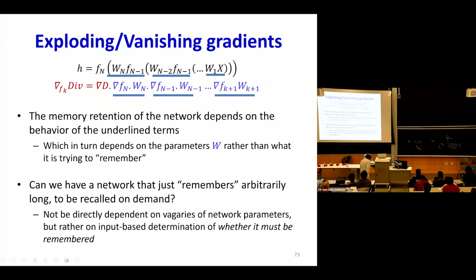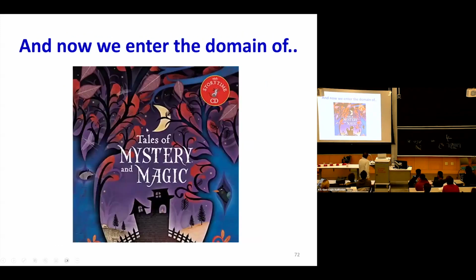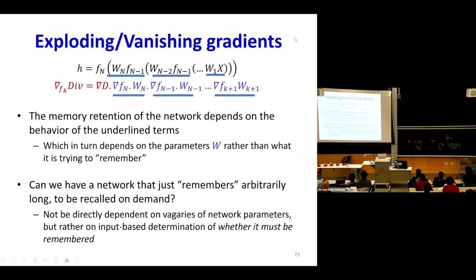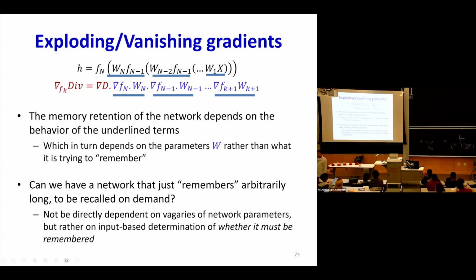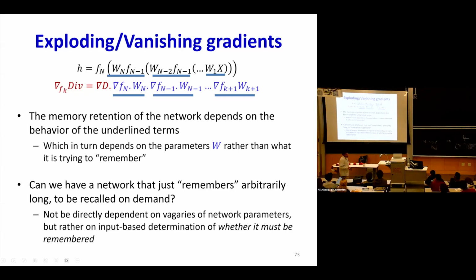So we sort of switch to mystery and magic to solve this problem. And the mystery and magic is called the long short-term memory network. So here it is. Our problem was with weights and activations, right? If weight matrices are causing a problem, what is the simplest way of solving the problem?